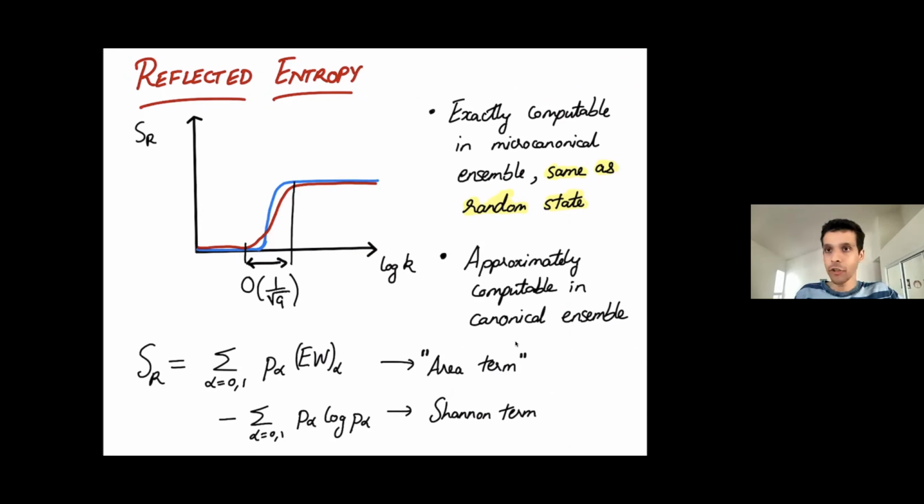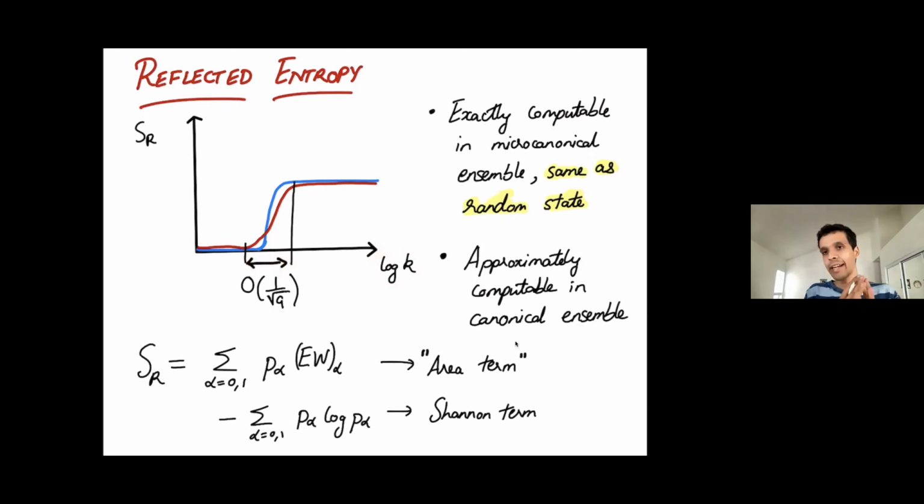We did this calculation in both the microcanonical and canonical ensemble, and you find qualitatively similar behavior. But because the canonical ensemble has thermal fluctuations, the entanglement wedge transition itself is spread out over a region of order 1 over square root g in this log k.